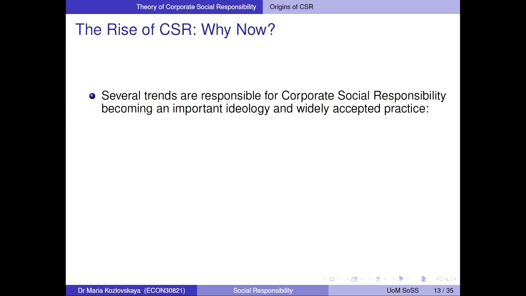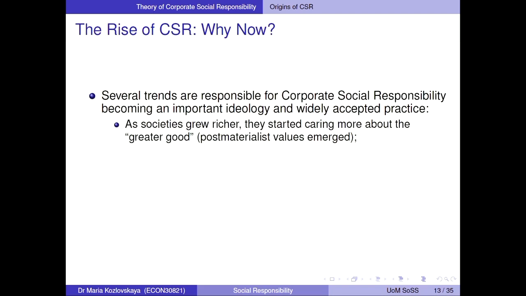And the reason why it's not very popular is because several recent trends made CSR a much more widely accepted practice. Well, first, as I said, the era of consumerist values is coming to an end. As societies grow richer, we're moving upwards on Maslow's pyramid, and we now care less about satisfying our basic needs, sometimes at the expense of the environment, and more about the well-being of our society as a whole.